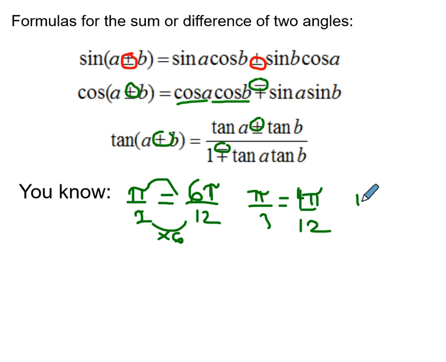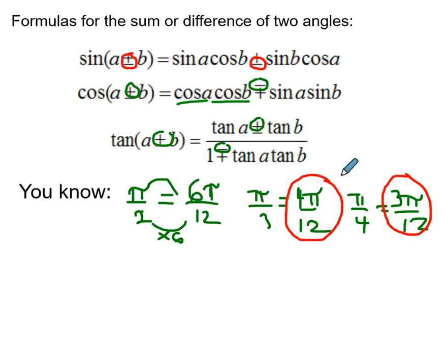We also know pi over 4. If we put that over 12, at the bottom we need to times by 3, so at the top we need to times by 3. And then we realize that here I have 4 pi over 12 and 3 pi over 12. If I subtract these two, I'm going to get my pi over 12.